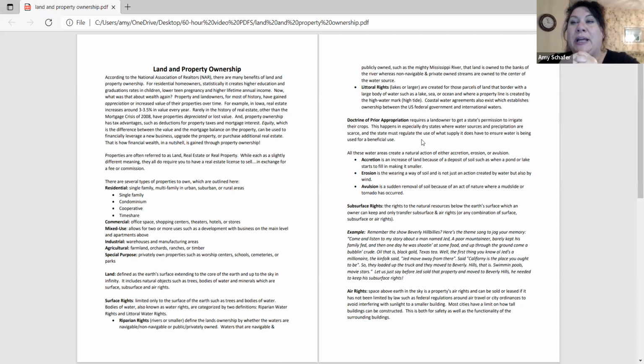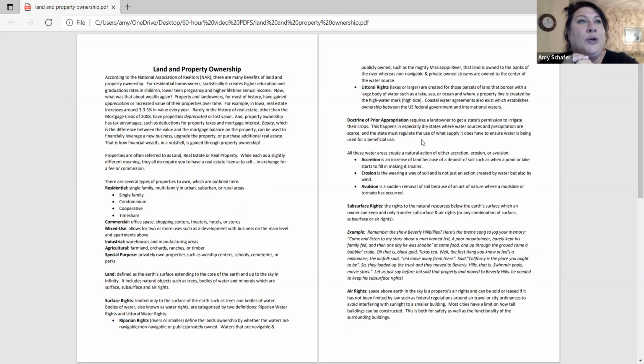So in order for you to irrigate your crops, you must have government permission. It's regulated by some sort of state or local municipality. But again, you've got to have permission to irrigate your crops with the doctrine of prior appropriation.